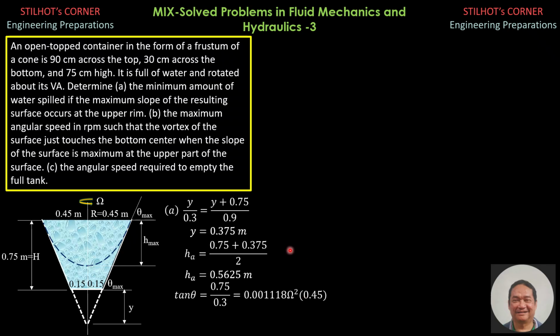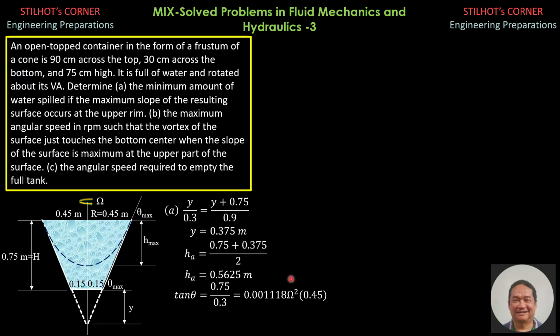Since omega there is in radians per second, you convert radians per second to revolutions per minute by replacing omega by the symbol omega in revolutions per minute, multiplying by pi over 30, then squaring it, then dividing by g. So pi squared over 30 squared is 900. So the exact formula is pi squared over 900 g.